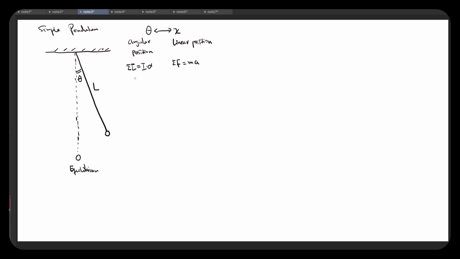So we'll try to figure out what's the net torque due to a displacement theta, and then we'll write down the moment of inertia for this mass m rotating around this center here.